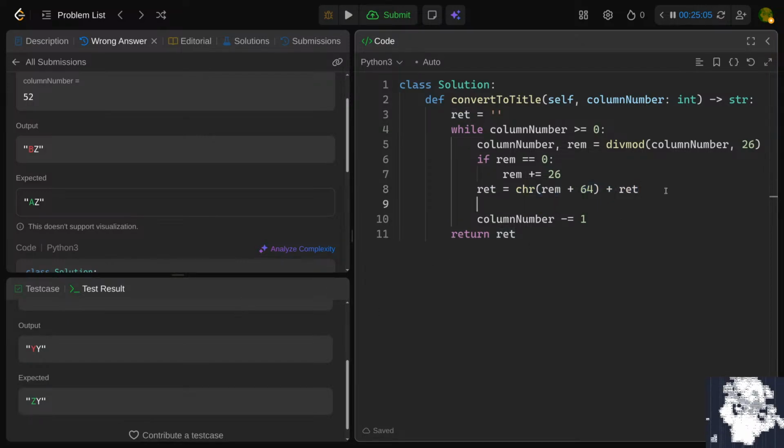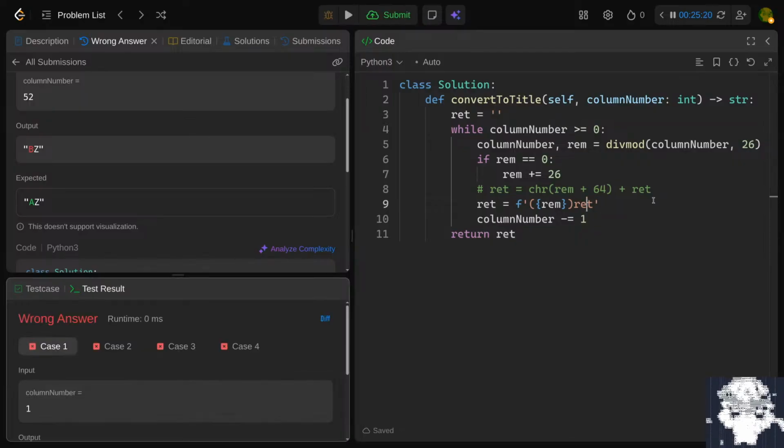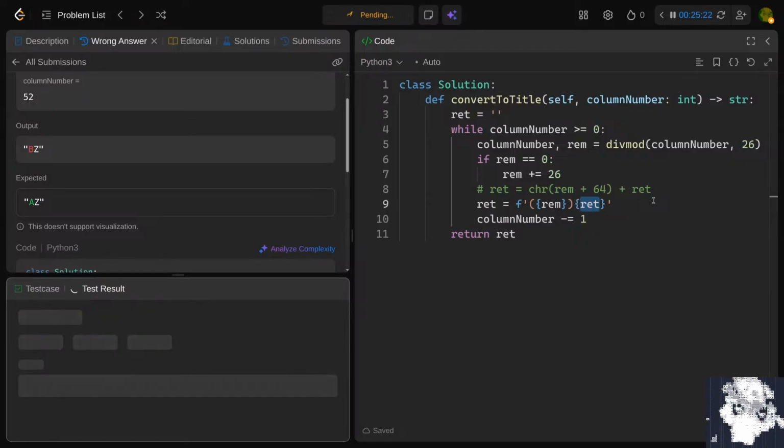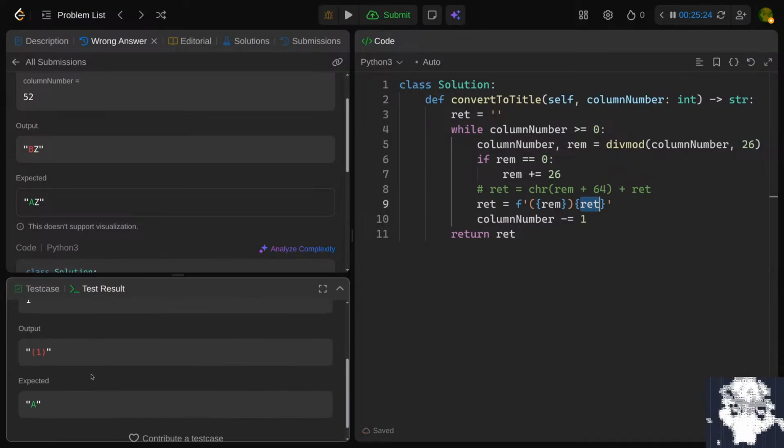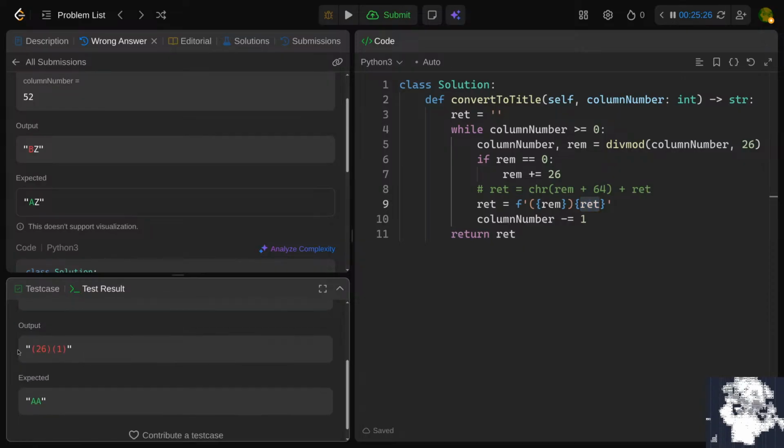How am I struggling with this so much? I want to do this f-string again so I can just focus on the actual numbers. 1, 26, 1, this is wrong.